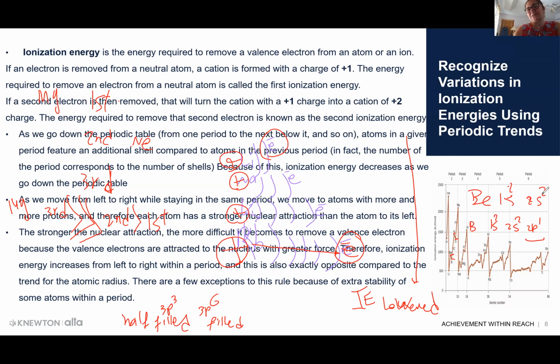And s2, because the energy level is not filled, is lower than if you were removing from p6. p6 is very stable. If you have a p6, it's like a filled shell. A filled shell is most stable. A filled orbital is stable. A half filled orbital is stable, but not as stable as the other.